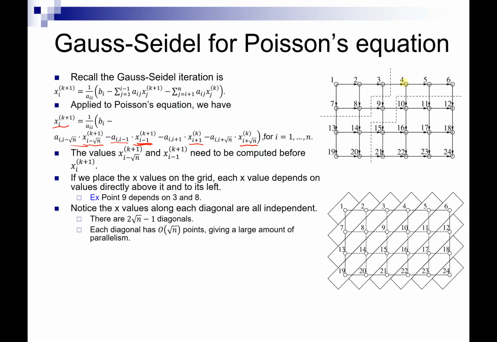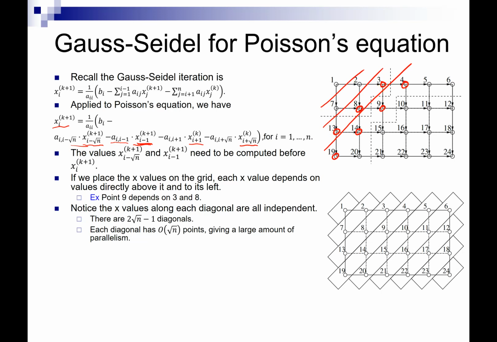For example, take this diagonal over here, with the 4, the 9, the 14, and the 19. The only elements they depend on are these values, the 3, the 8, and the 13. If you compute diagonal by diagonal, then in the previous step we computed the values at points 3, 8, and 13 for iteration k plus 1.